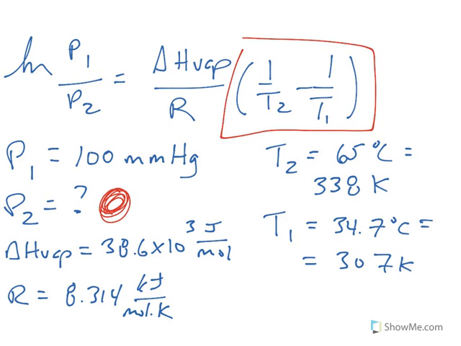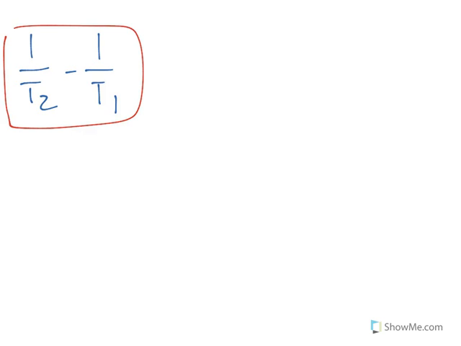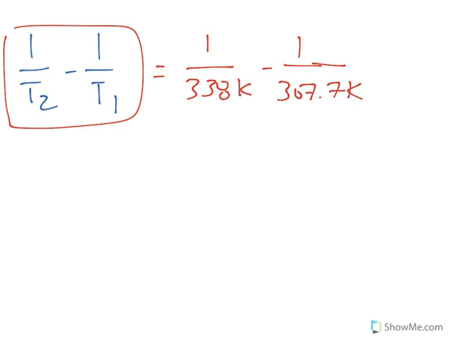So I'm going to plug in my two temperatures and simplify that part, the 1 over T2 minus 1 over T1. 1 over my T2, in this case, is 338 Kelvin, and my T1 is 307.7 Kelvin.